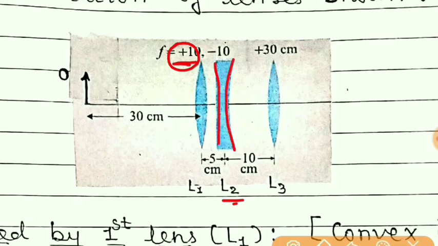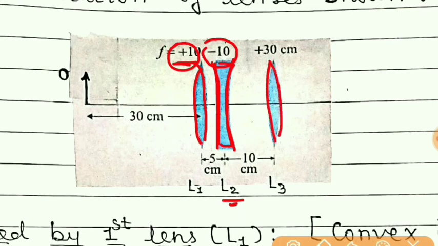You can see one surface is plane and the other is concave, so it is called plano concave. Third lens is once again a convex lens, its focal length is 30.